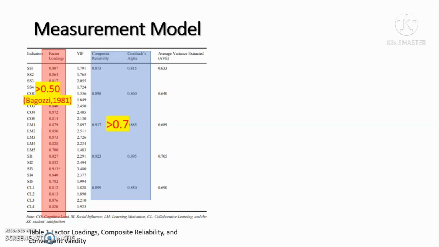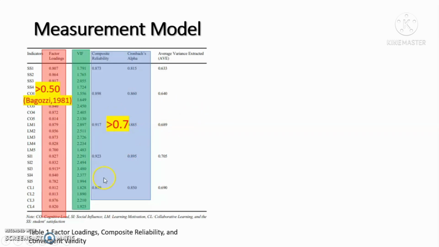If the model is valid, then the value should be bigger than 0.7, and we find out that both composite reliability and Cronbach alpha values are bigger than 0.7.